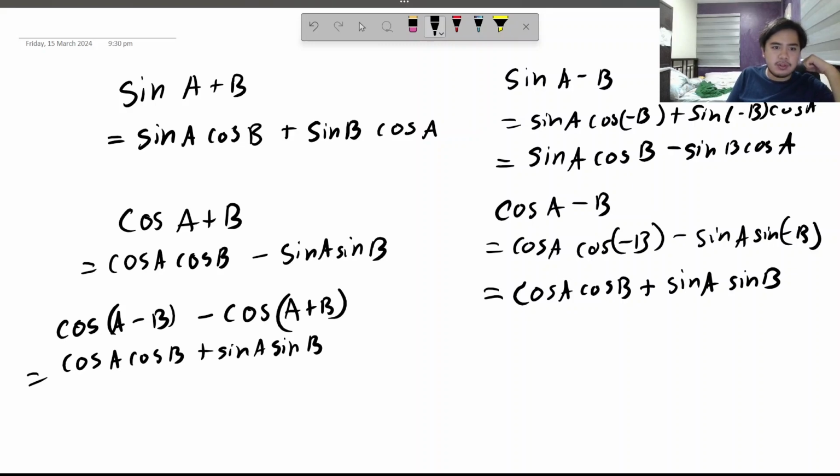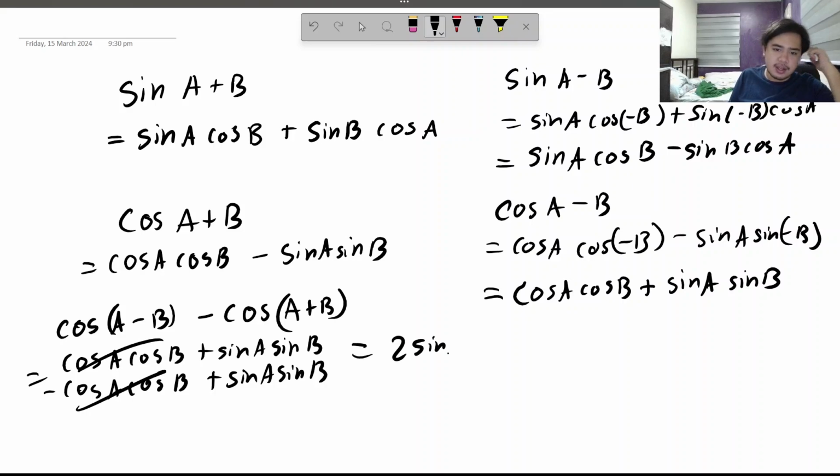And then we have to make this negative here. So negative of cosine a plus b is negative cosine a cosine b plus sine a sine b. Cosine a cosine b, negative cosine a cosine b, this and that cancel each other out. This becomes 2 sine a sine b.